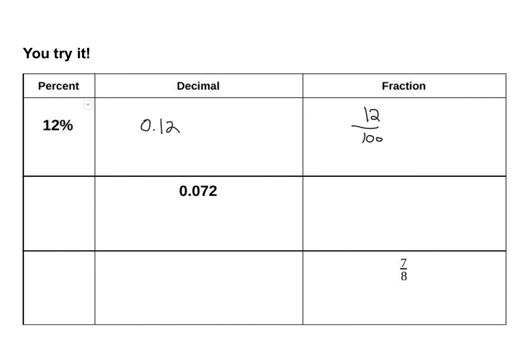There's your first set. 12% is 0.12, or 12 over 100, which simplifies as 3/25, because of that common factor of 4. When I divide, 12 divided by 4 is 3, and 100 divided by 4 is 25. This next one's a little trickier.